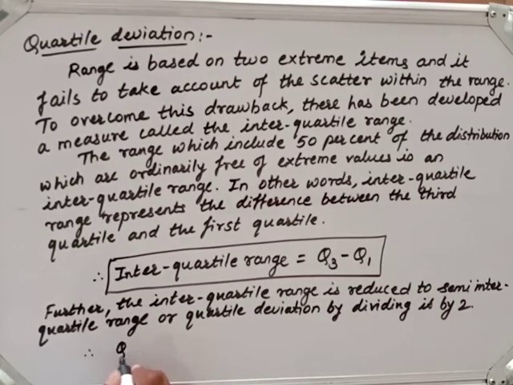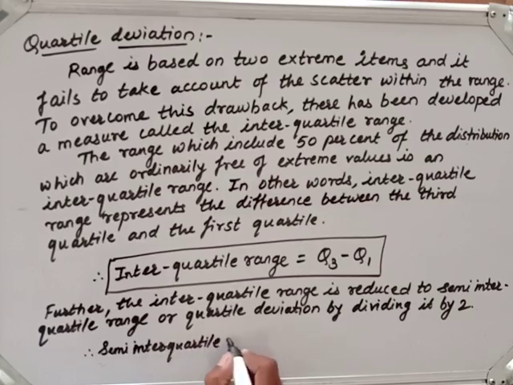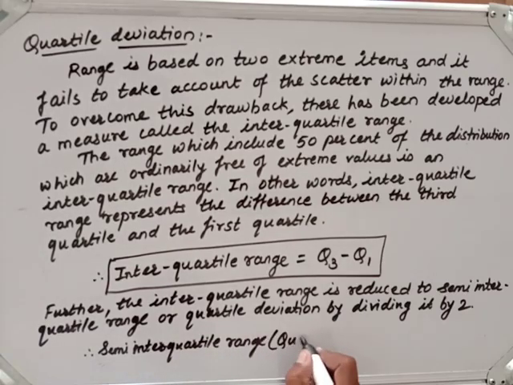Therefore, the quartile deviation, it is denoted by QD, or the semi-quartile range. Let me write. Therefore, the semi-interquartile range, or it is also known as the quartile deviation.